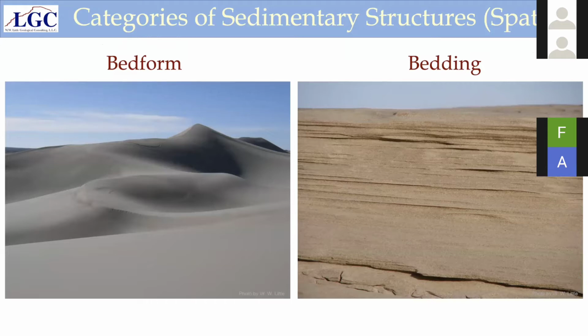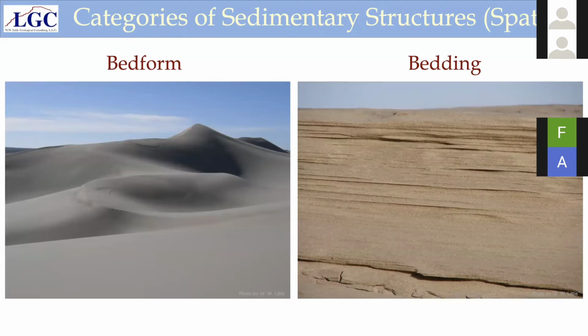The bed form is the overall three-dimensional feature that houses the sedimentary structures. Sometimes we refer to bed forms as structures, and other times we like to consider those a little bit differently. The bed form in this case would be a sand dune. The bedding would be the cross bedding found within that sand dune, or a ripple mark versus the cross bedding present within the ripple.